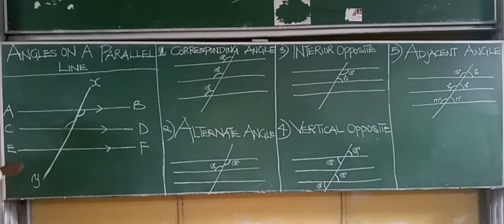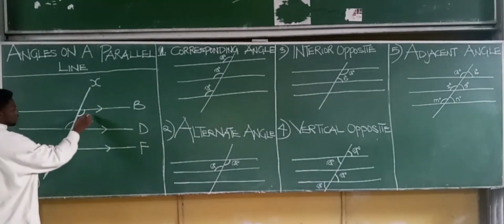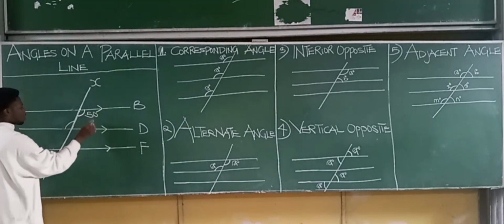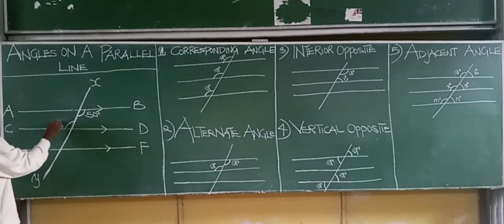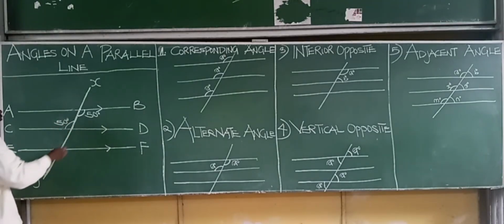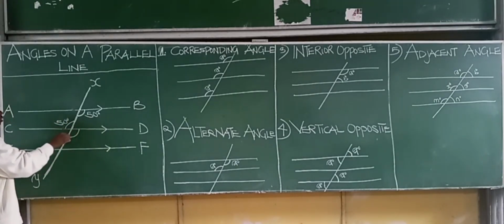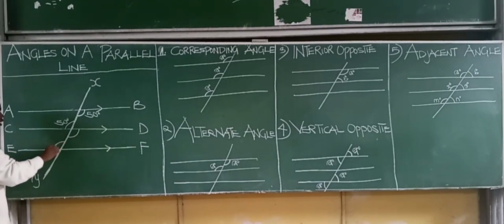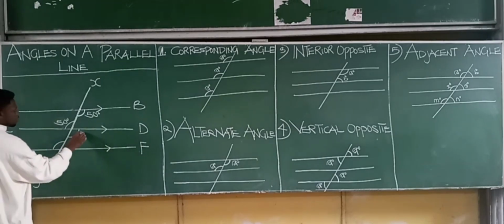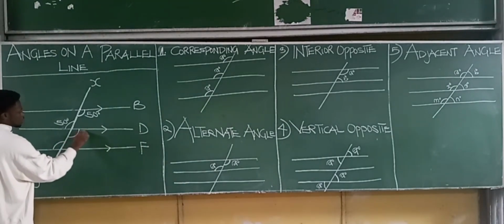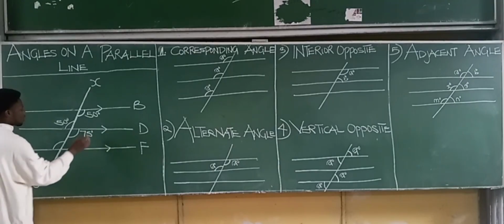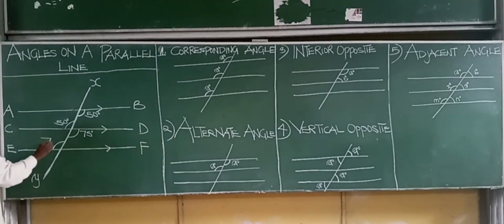That is to say, they are the same. If this angle is 50 degrees, this is also 50 degrees. Again, this angle is alternate to this angle. If this is 75 degrees, this also will be 75 degrees.